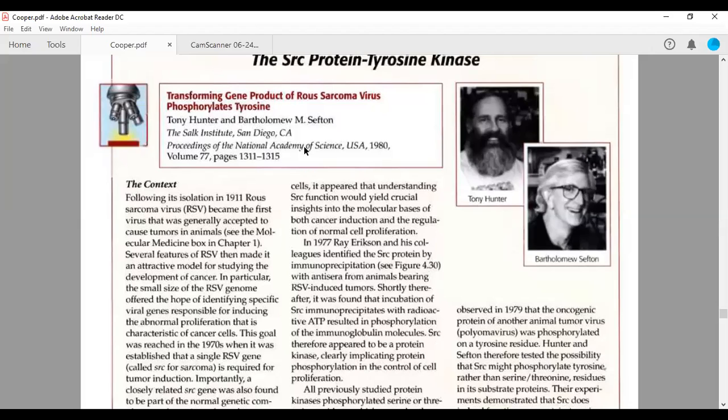This discovery around the 1980s was a very major discovery of that time, because everyone only had knowledge about serine and threonine kinases, and only these two scientists told the community that tyrosine kinases may be present within cells and do another type of cell signaling. Therefore, this class is very important from this point of view.